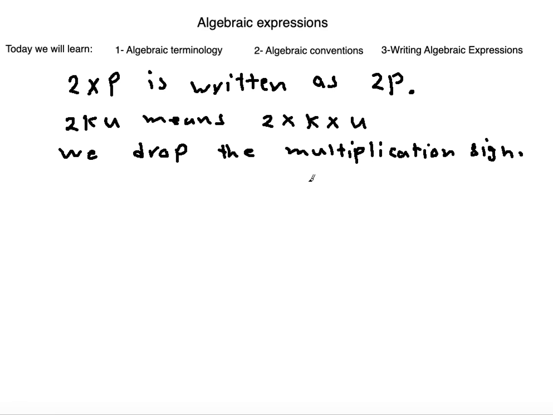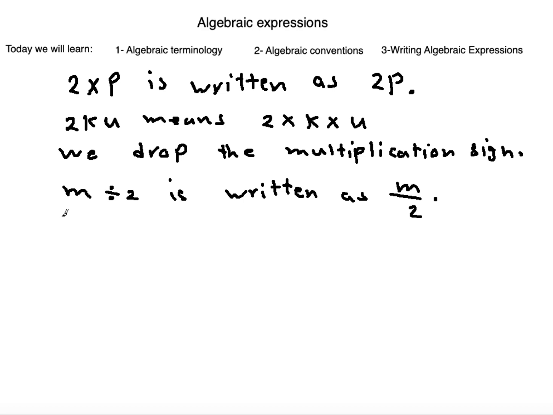The second one is when you're writing like m divided by 2, you don't write it that way. That is written as a fraction. You already know that a fraction means division, as m over 2.